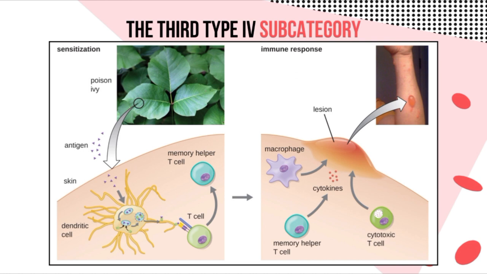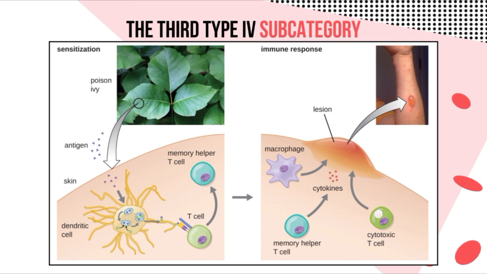they would bind to the antigen, and then once they bind with the antigen, the T cell would release cytokines, the small signaling proteins that I mentioned earlier, which regulate the immune response by allowing immune cells to communicate with each other.